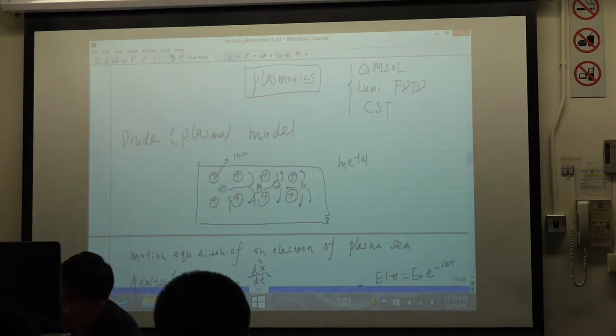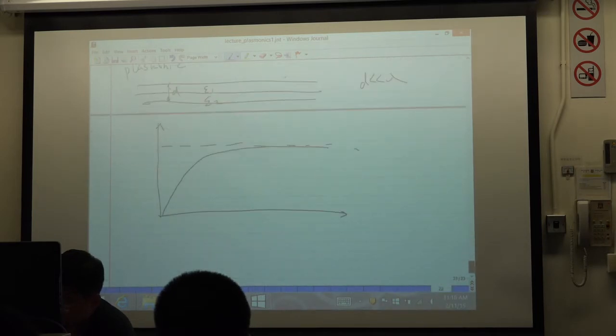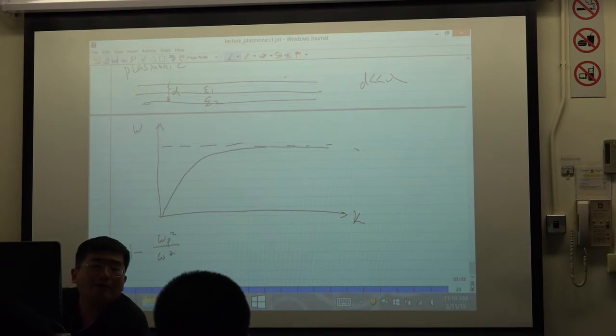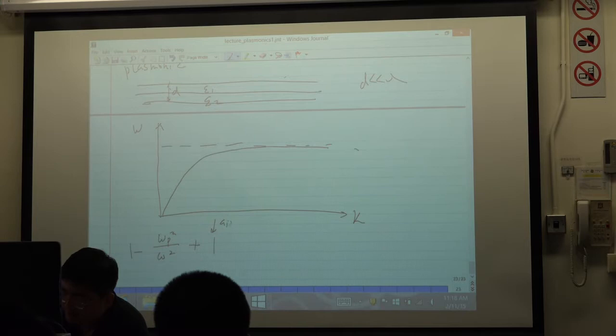Something like this. This is k. This is omega. I use a very simple model, the Drude model. Epsilon equals 1 minus omega p squared over omega squared, right? This is the metal. I assume this is air. This is metal, going to 0. So omega squared equals omega p squared over 2, right?